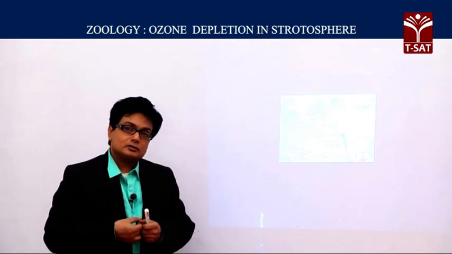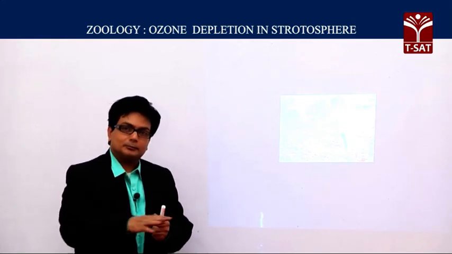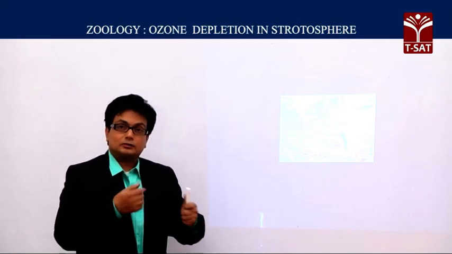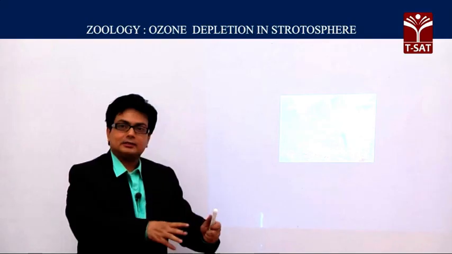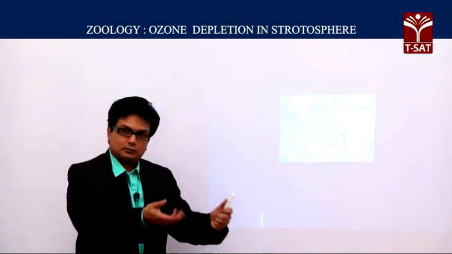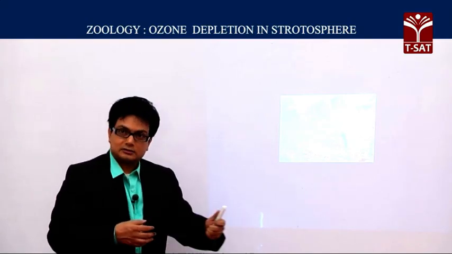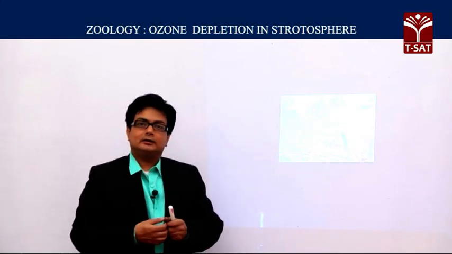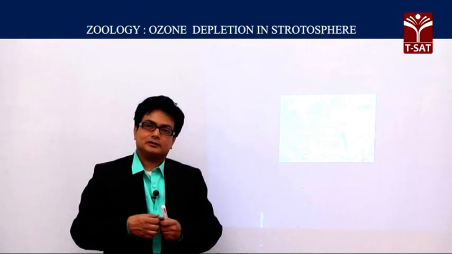So jhum cultivation is something where you remove the plants, grow the vegetation, and maybe those who are into this leave that area for natural growth, which takes many years, and move away to some other, again redo the same activity.